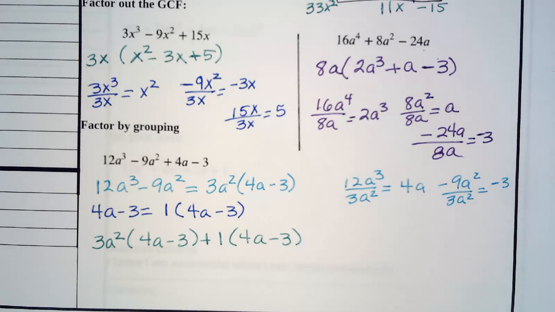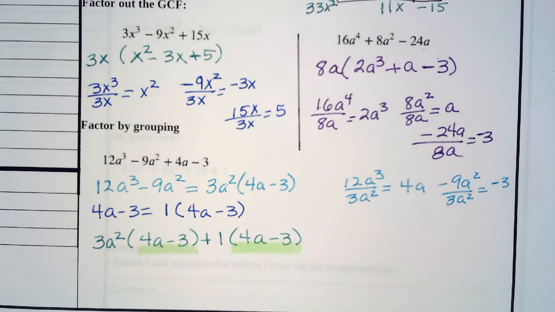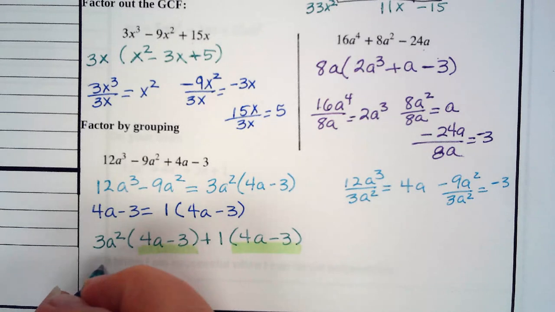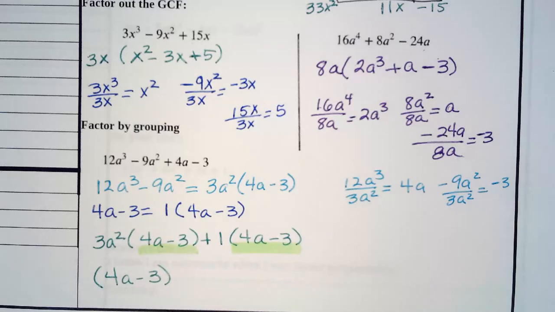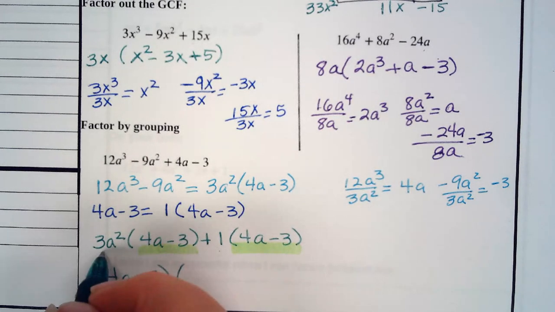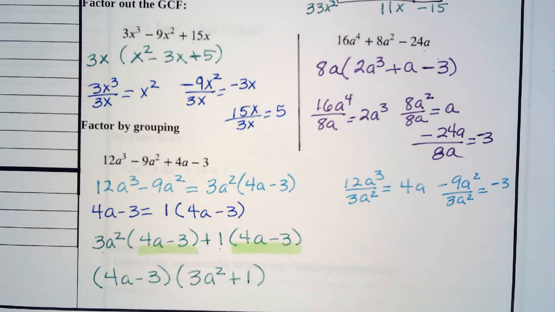What do you notice? Well, you notice that inside the parentheses, it looks exactly the same. That is our factor. So the first factor is 4a minus 3. To get the second factor, we put the two pieces back together. 3a squared plus 1, and we are done.